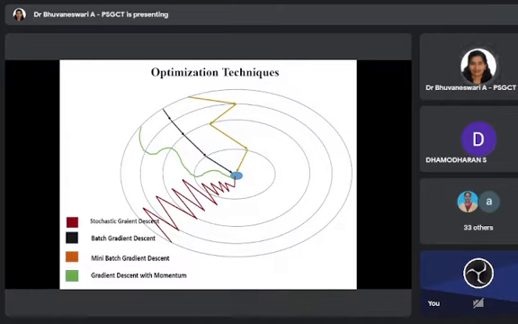The brown zigzag output that you see first is called the stochastic gradient descent algorithm. It's one of the widely used algorithms for optimization. Then comes the batch gradient descent, then the mini batch gradient descent, and the green one is the momentum gradient descent. So all these are from the same group of algorithms called gradient descent.